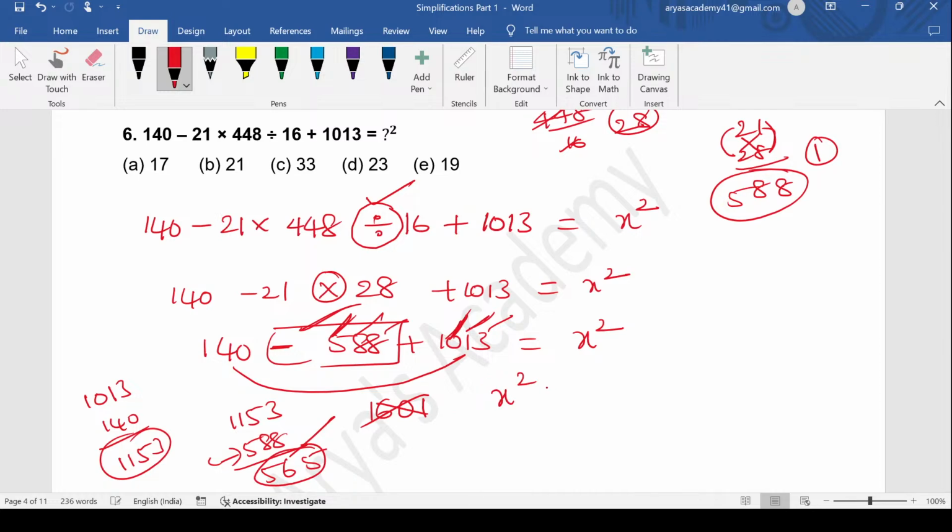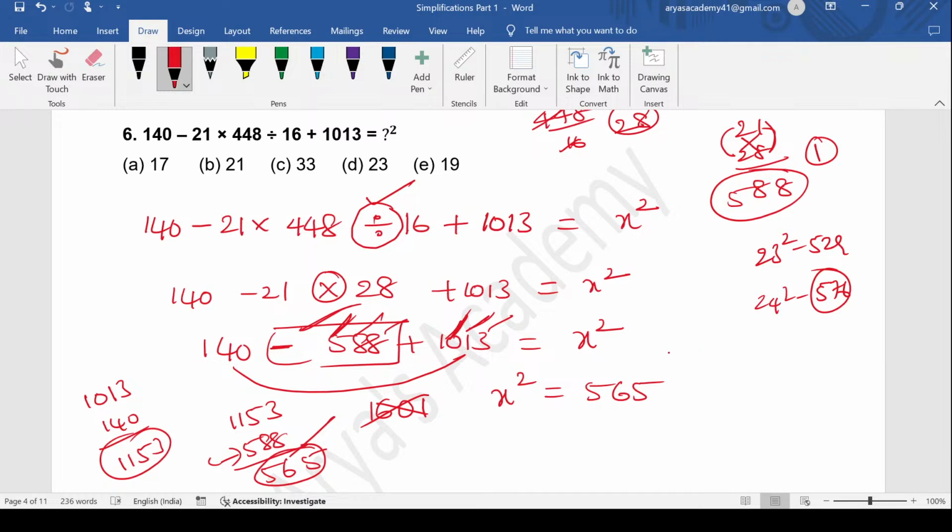So x square is equal to 565. 565 doesn't have an exact square root. We are having actually 23 square is 529. 24 square is 576.